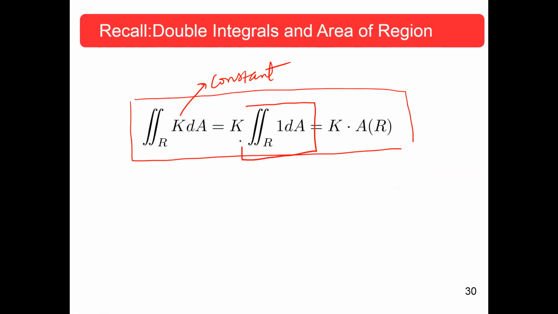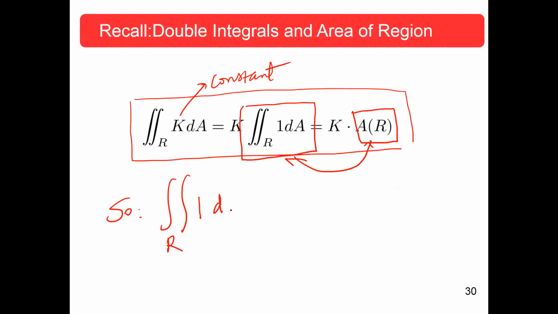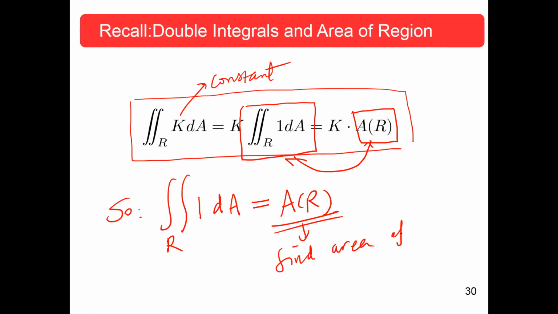And we said this double integral over region R of 1 dA is the area of region R. So this is what we're going to use today. This formula helps us find the area of region R.